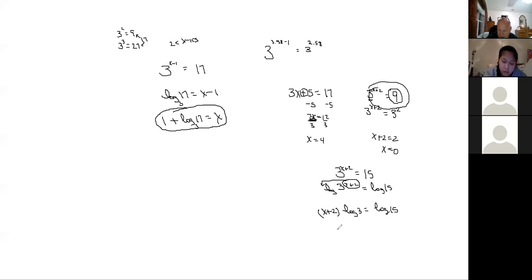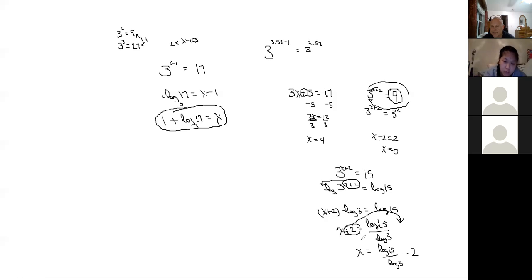And then x plus 2 equals the log of 15 divided by the log of 3. I just divided by the log of 3. And then finally, move the 2 to the right side. So x equals the log of 15 divided by the log of 3, minus that 2 out there. Just take that 2 and subtract it over there. And there you go.